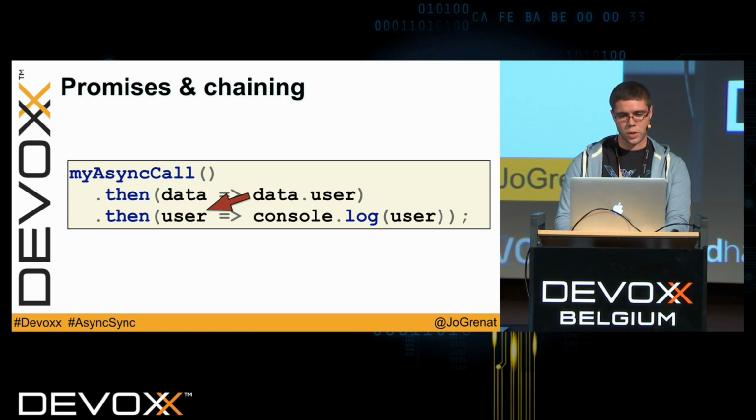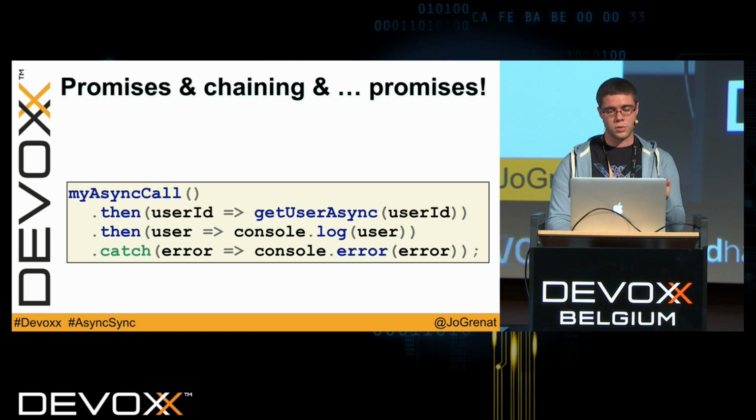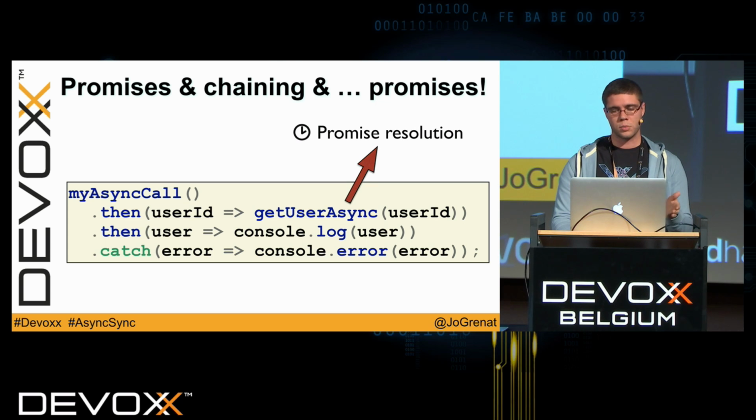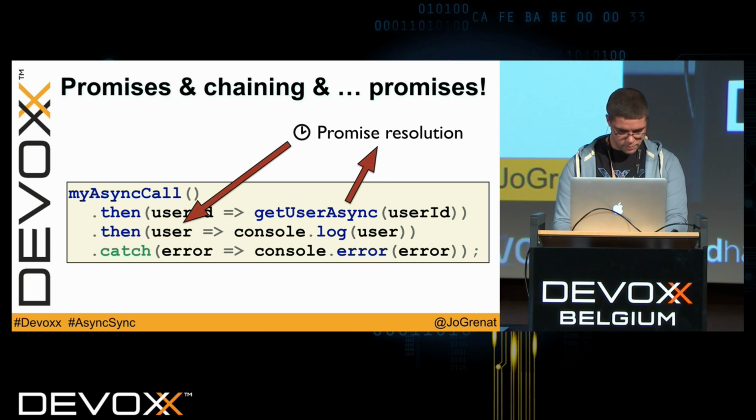But what happens if you return a promise instead of a raw value? For example, here we're returning the get user async call that returns the promise. What happens is that the code waits for that promise to be resolved, and once it's resolved, it will call your next call with the resolved value. Here's the user. So you can chain asynchronous calls without using more indents than before.